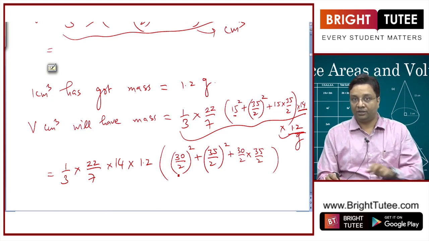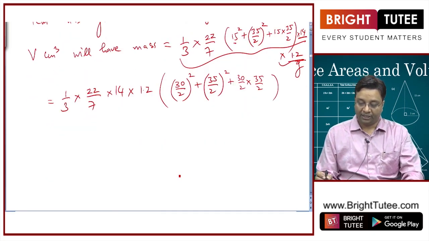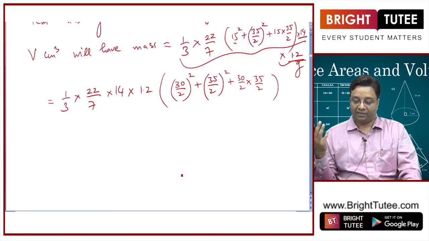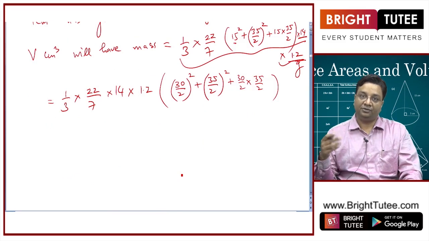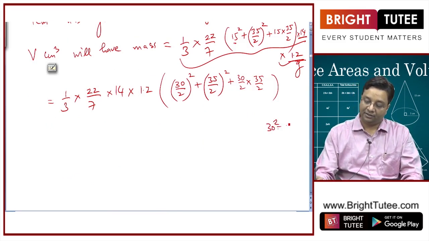Now you see 4 from the denominator can be taken as common, and from the numerator you can take 5 square as common, right. Otherwise, if you know the squares of these directly, 30 square is 900, 35 square is 1225.